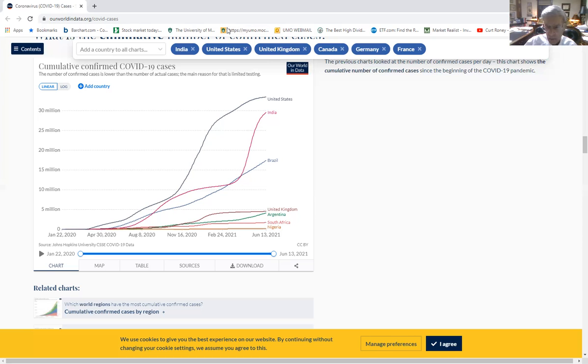So that's a summary of the economic and social consequences of COVID. We can see that the US has been the largest victim of COVID so far, but that Brazil, Argentina, even South Africa are in the process of accelerating.